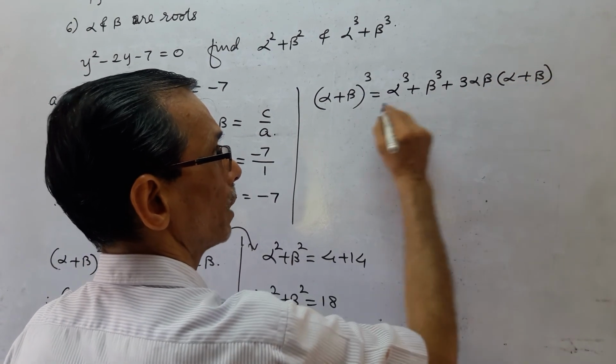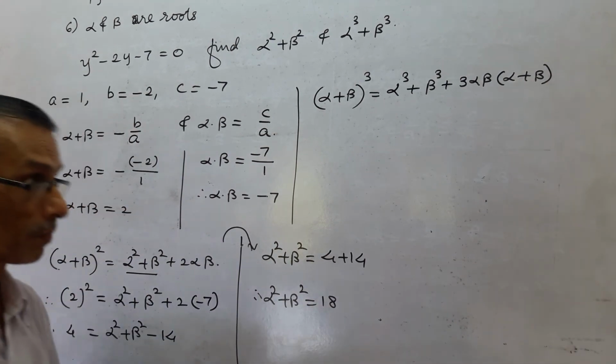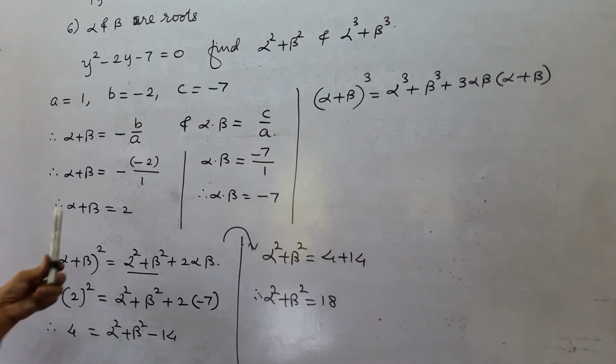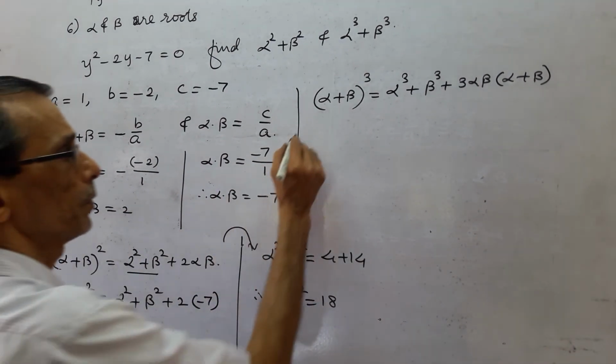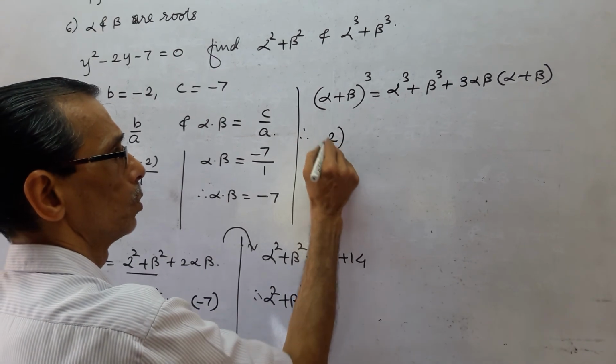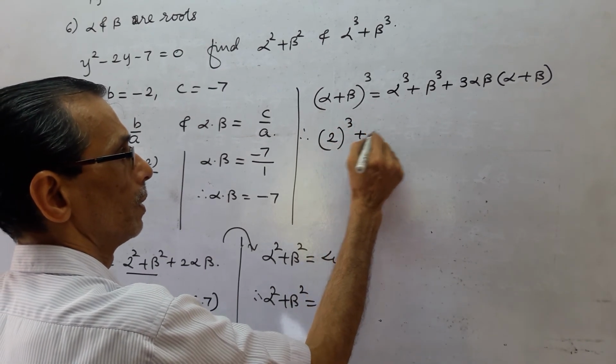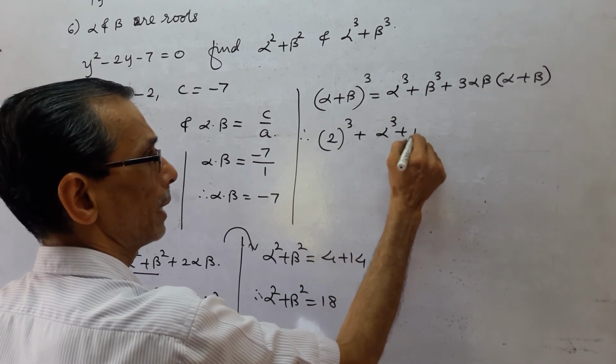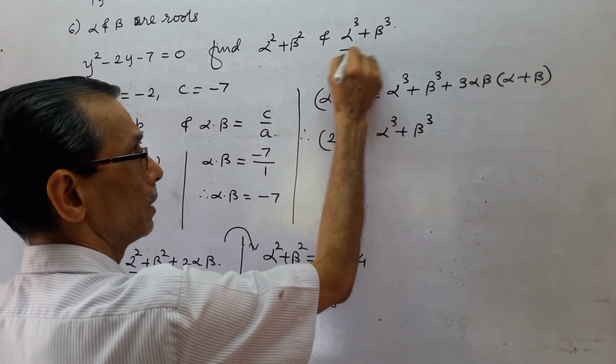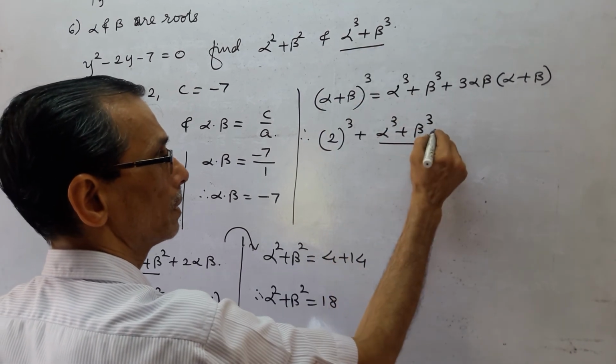So take down this formula or keep it in mind. Here alpha plus beta is 2, so substitute: 2 cube, plus alpha cube plus beta cube, written as it is, because we have to find the value of this.